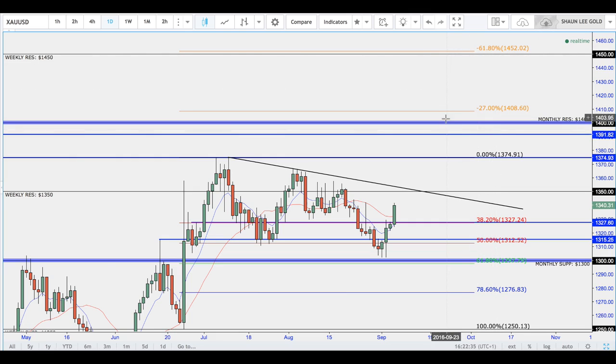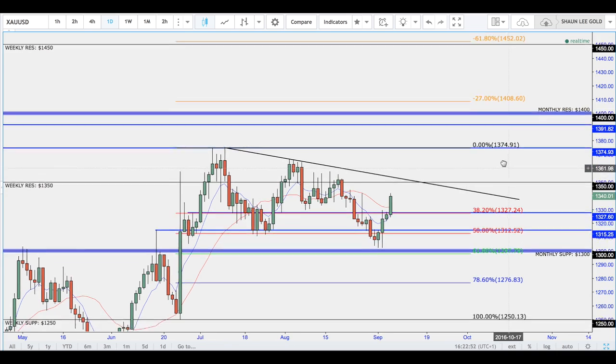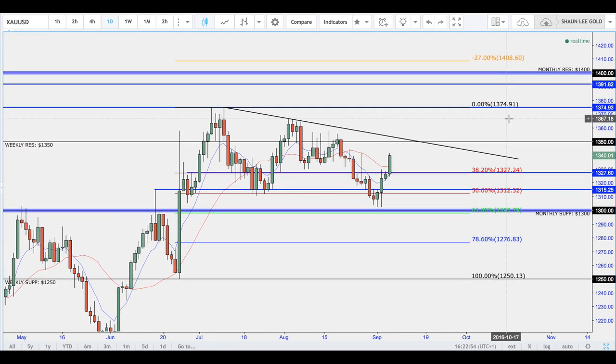This one's great as well, only if we break above it, it can give us an idea as to where the market can potentially go. So let's say we got our monthly resistance 1400. If we break above that, we know already there's a 75% chance we may be headed to 1450, our weekly area of resistance. Now, with all of that being said, that's just one confluence for an entry strategy.